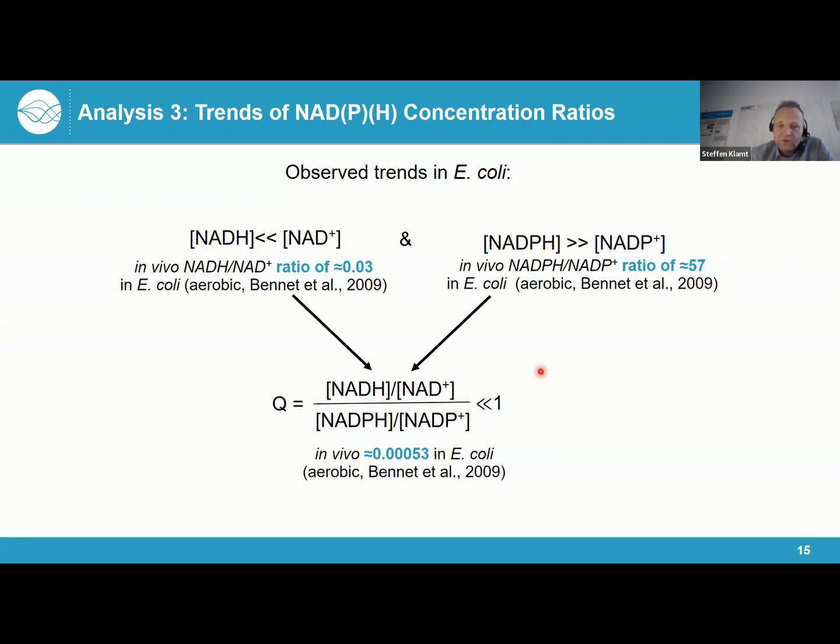So in E. coli, when you look at these measurements that have been provided here in this publication, you will see that this ratio is now 0.0053 in E. coli. And now we want to see whether we can find a similar value in the computations.